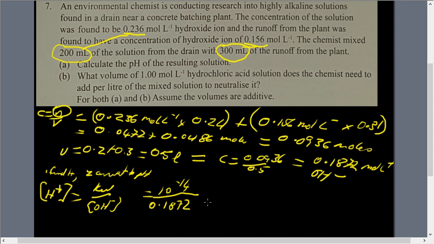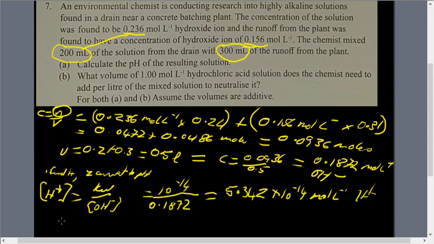If you wanted to do it that way, it wouldn't matter, but that gives us a value of 5.342 I think it was, times 10 to the minus 14. All very good. This is mole per litre H plus.